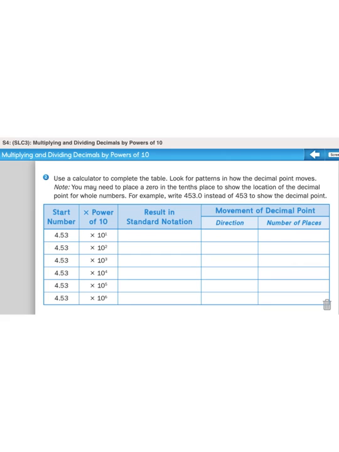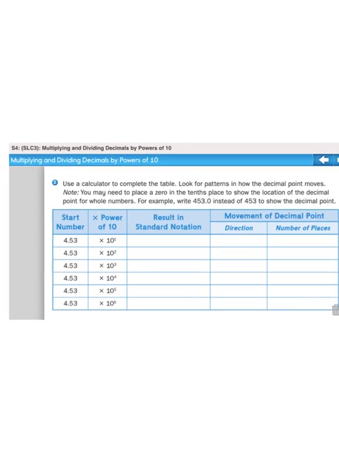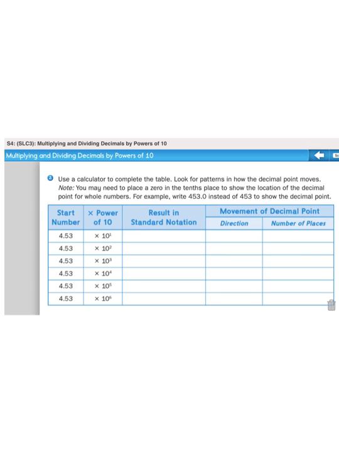For example, write 453.0 instead of 453 to show the decimal point. I've done the first one for you as an example.